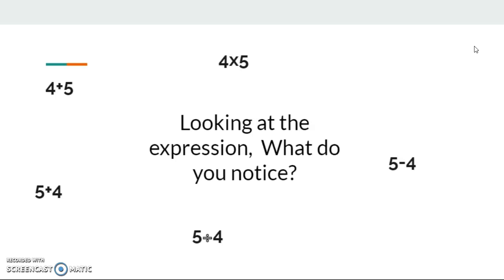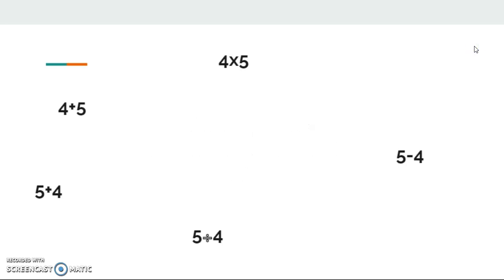Maybe a kid may point out that 5 divided by 4 is an improper fraction, all of those types of things. So what I would do at this point is say, which one of these is representing 4 increased by 5?